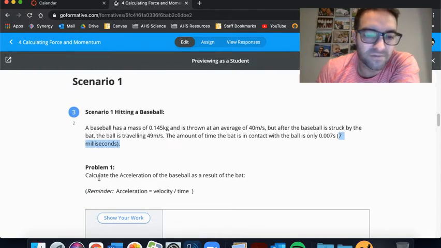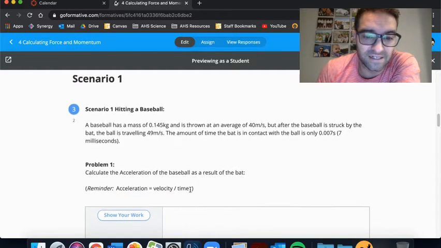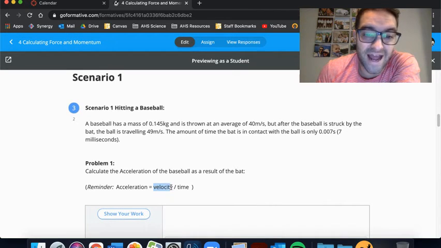So problem 1, calculate the acceleration of the baseball as a result of the bat. And remember, acceleration equals velocity divided by time. Okay? And this is really going to be your average velocity divided by time.